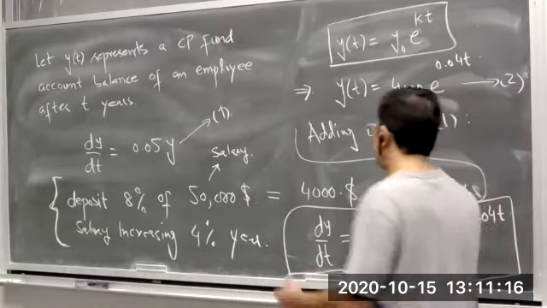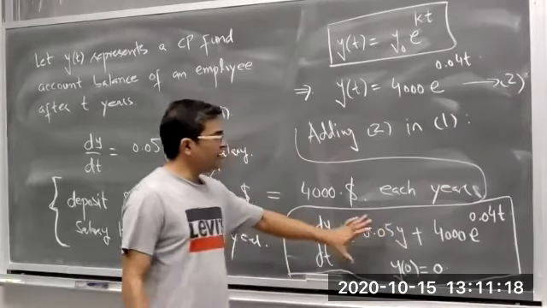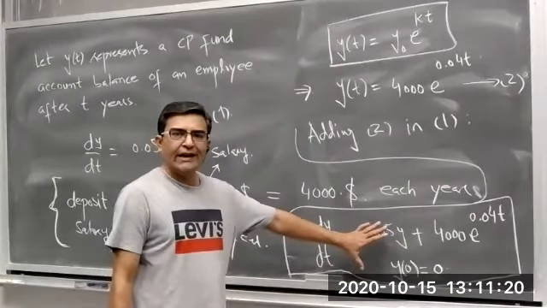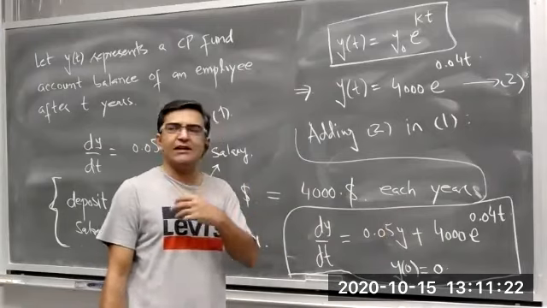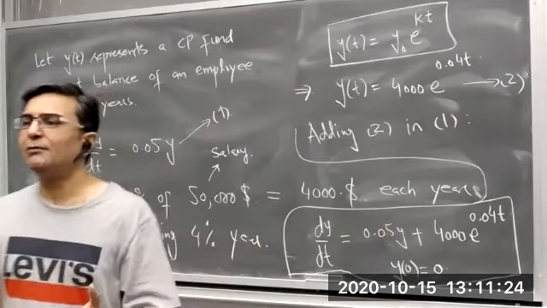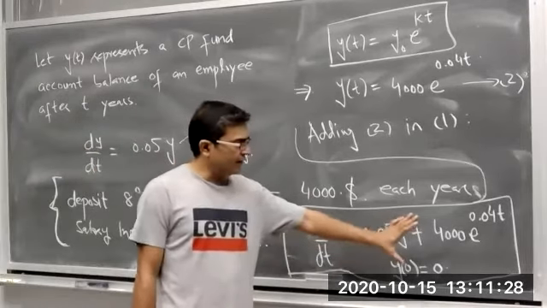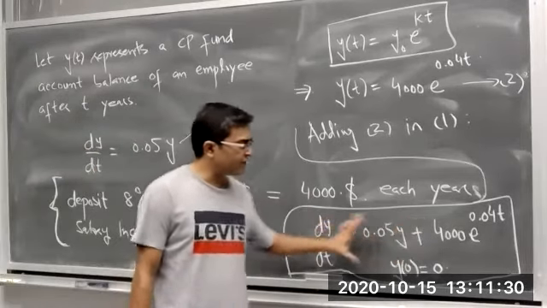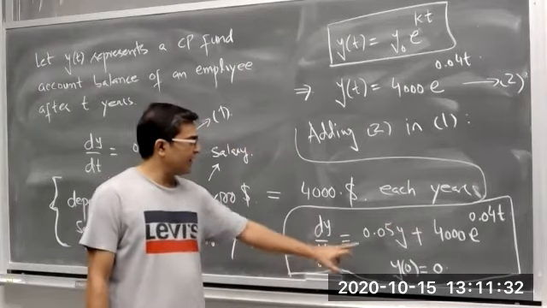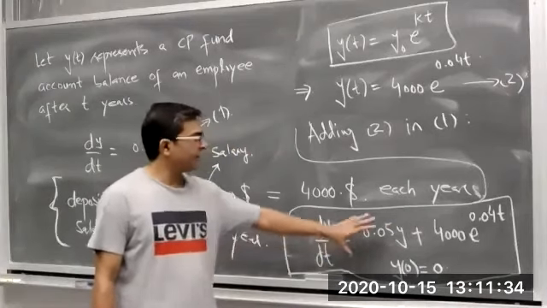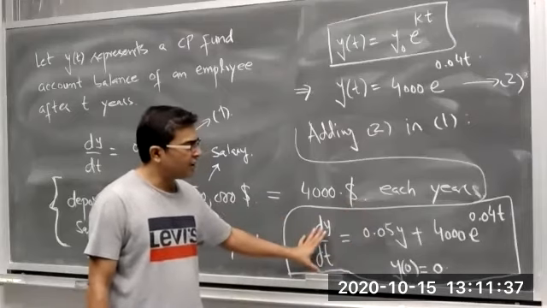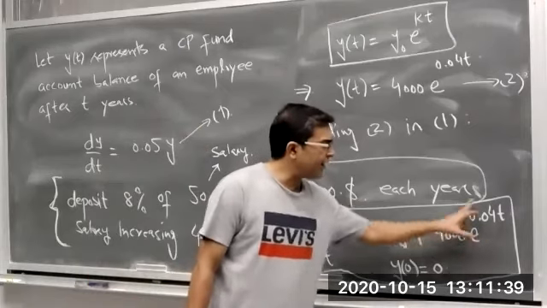After 20 years, after solving it, you just have to put t is equal to 20. If you have worked 30 years, then after 30 years how much will your CP fund be? You can compute that by solving this differential equation. Now, what is this differential equation? This is a linear differential equation. The right hand side is non-zero here.